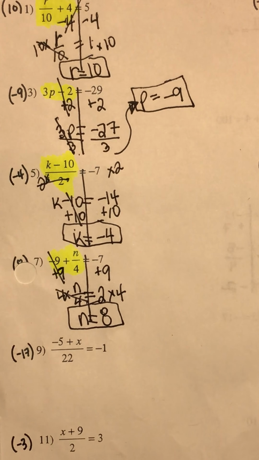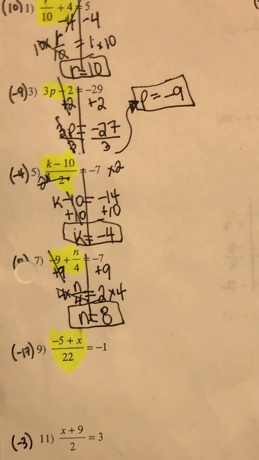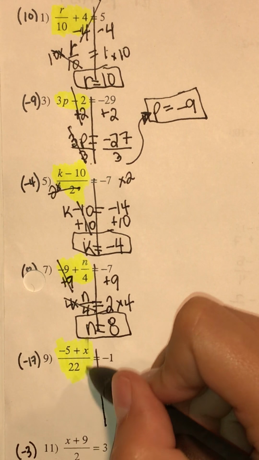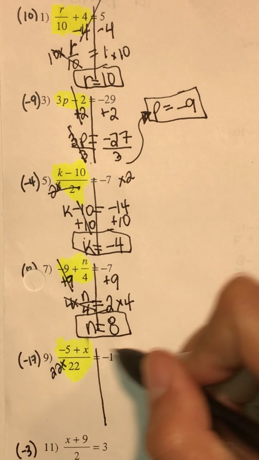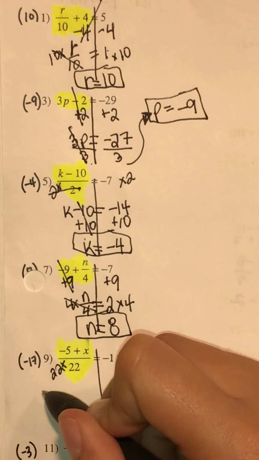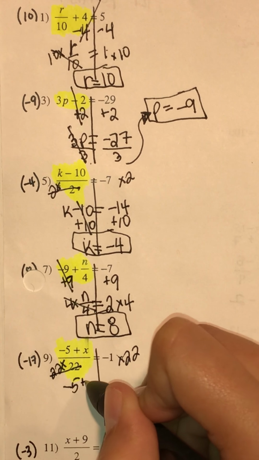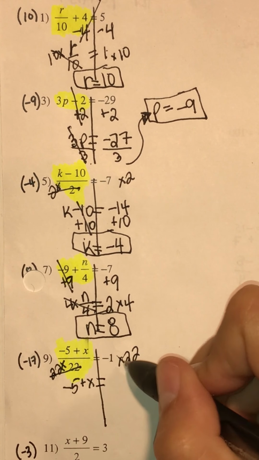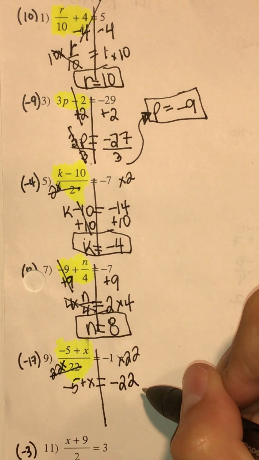If we look at number 9 and I highlight the side with my letter on it, draw a line down the equal sign, the number without my letter is this 22, and since it's division by 22, I'm going to multiply both sides by 22. The 22's cancel. I drop down the -5 plus x, because that is what is left on the top, equals -1 times 22 is -22.